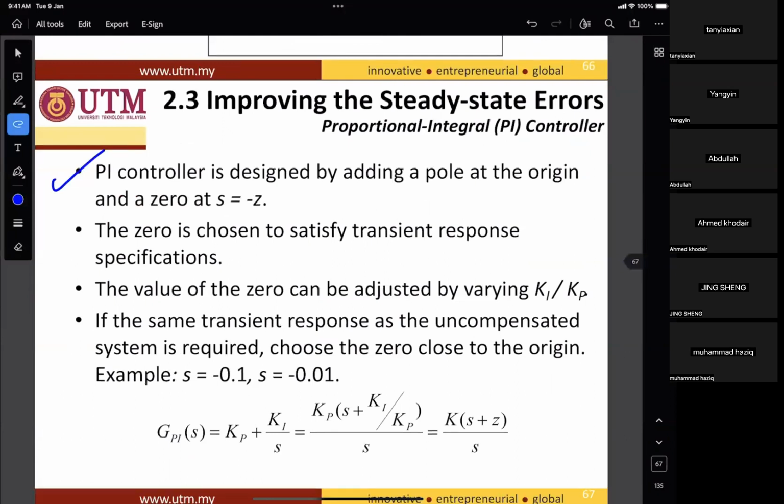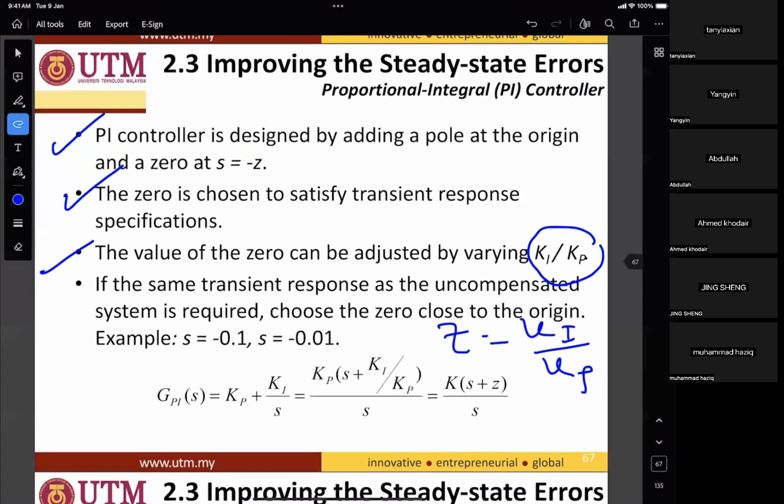By adding a pole at the origin, the zero is chosen to satisfy the transient response specification. So actually we vary the ratio of Ki divided by Kp. Z is the ratio between Ki and Kp. The proportional constant and the integral constant make up the zero value.